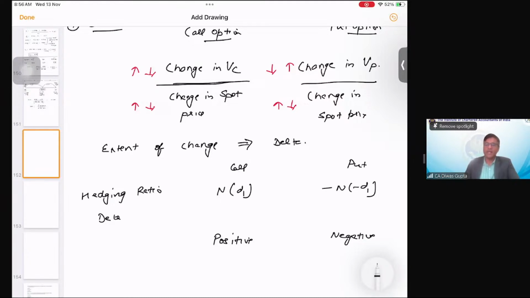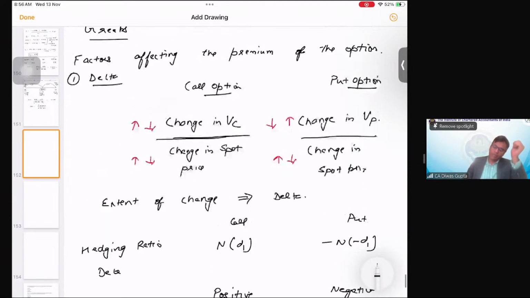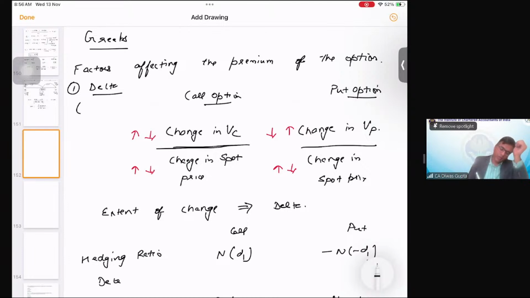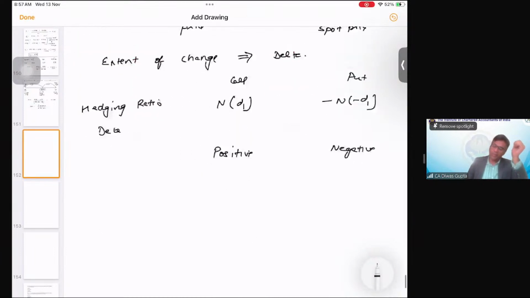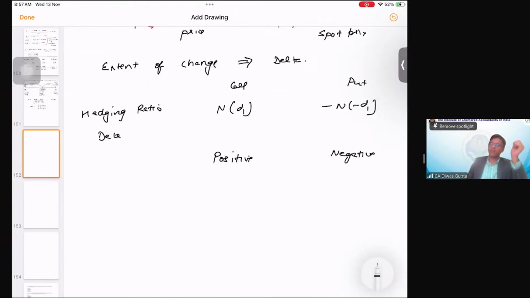So hence it has to be negative. Clear? So this delta is also what we refer to as hedge ratio. Okay.